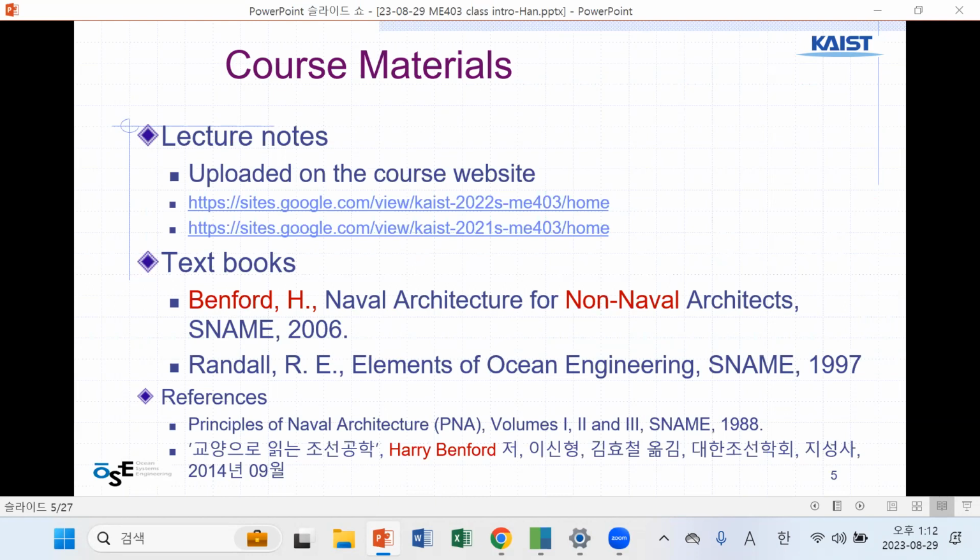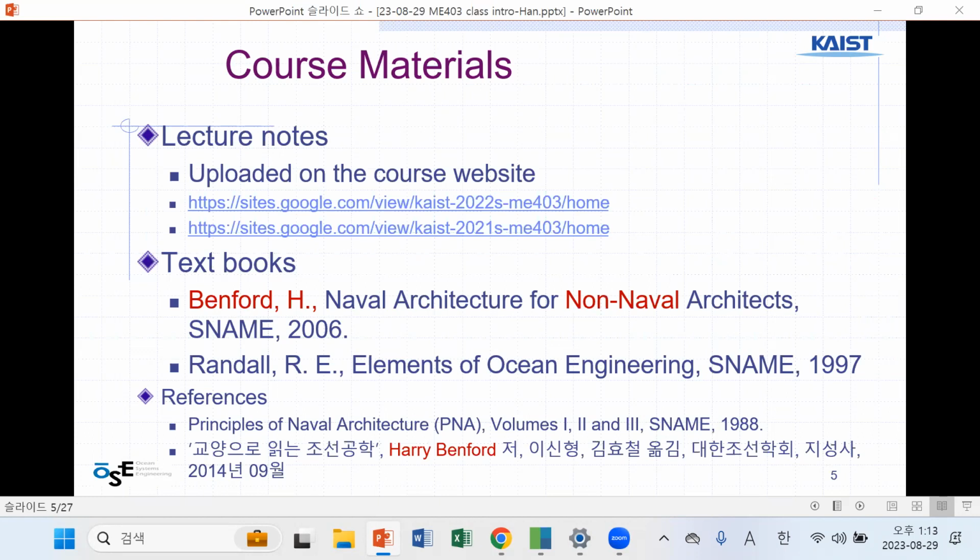Harry Benford was a professor at the University of Michigan in the United States, a long time ago. Another book is Ocean Engineering. SNAME is the Society of Naval Architects and Marine Engineers of the United States. The academic society publishes several books, and this one is older than the first book.